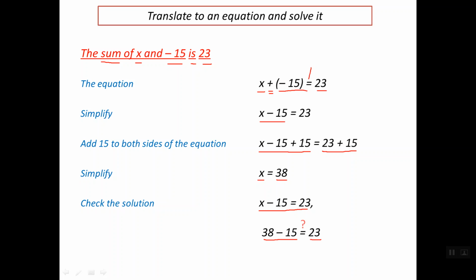Is it equal to 23? We need to check the correctness and the balance of this equation. The left side is the difference between 38 and 15, so we have 23. And for the right side we have 23. So the equation is true and balanced.